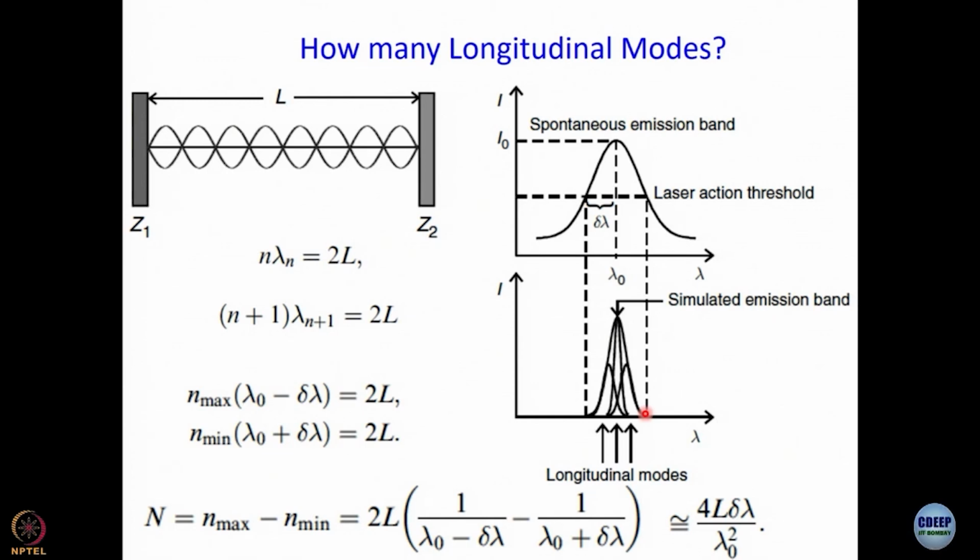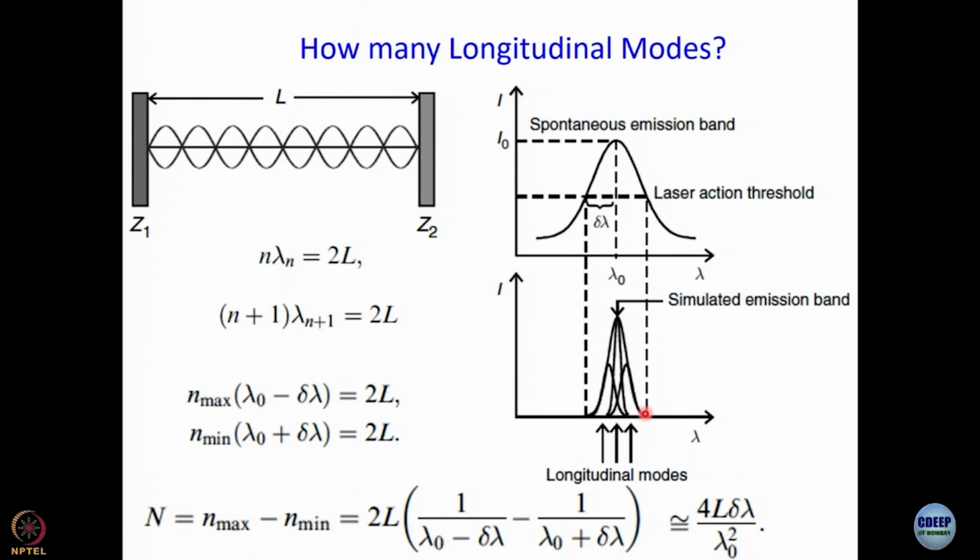So, 4 into 4 is good, that we will take care of, multiplied by 10 to the power 2 square is 10 to the power 4 multiplied by nanometer square, right. So, 10 to the power minus 18 will be there. So, these 4's all take care of each other. You are left with 10 to the power minus 7 in the numerator and in the denominator it is 10 to the power minus 14. Is that right? What is the number that is coming? How did you get 25?